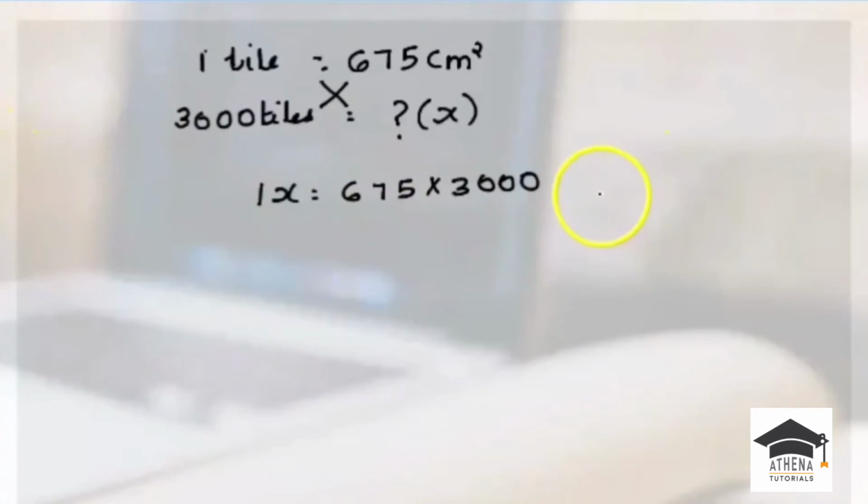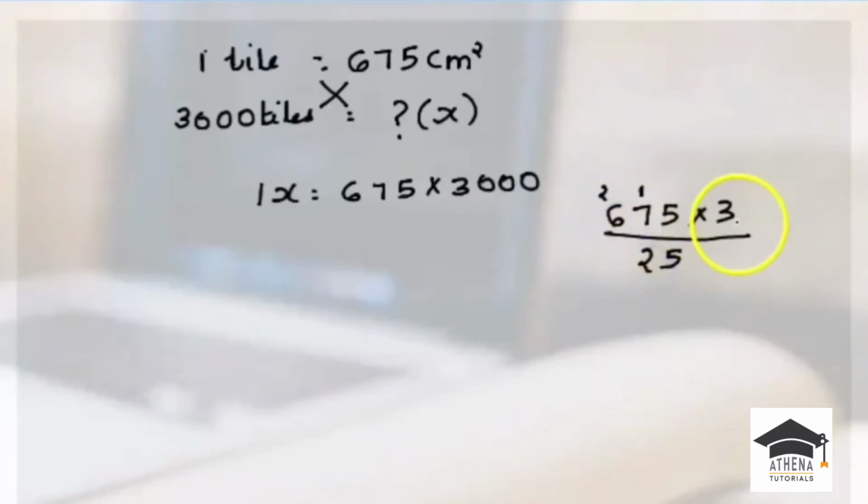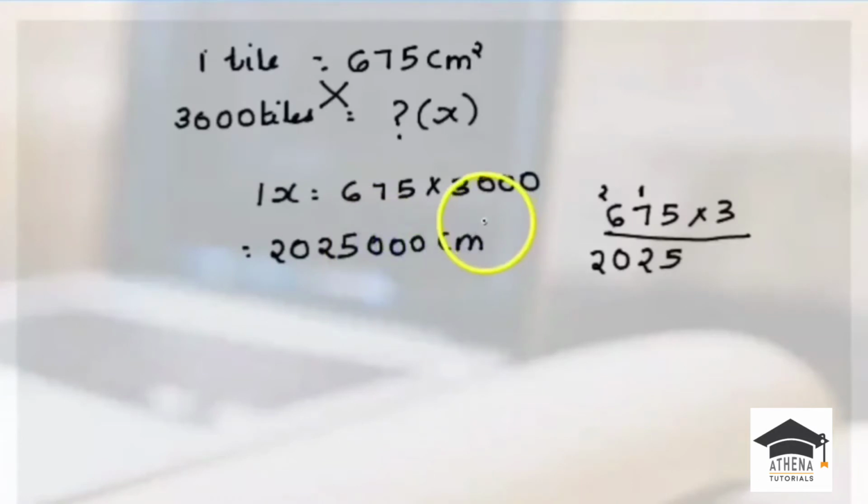I'll do the multiplication here. 675 into 3. 5 3s are 15. 7 3s are 21. 21 plus 1 is 22. 6 3s are 18, 18 plus 2 is 20. So total will be 2025 plus 000 centimeter square. This is the total area.